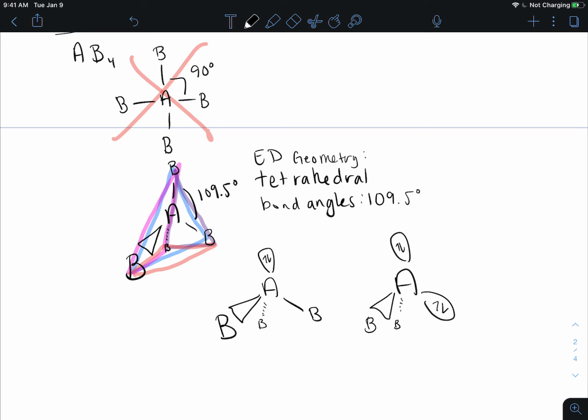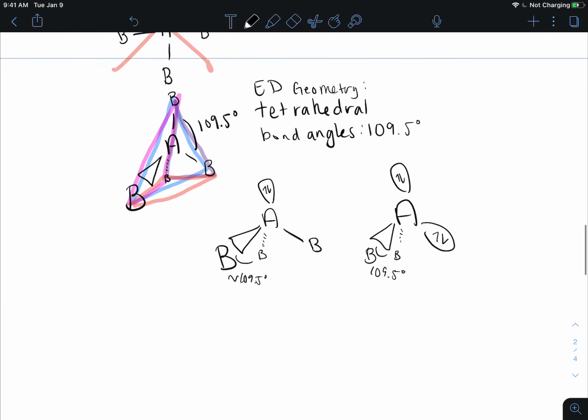Okay, but we still maintain approximately 109.5 degree angles.